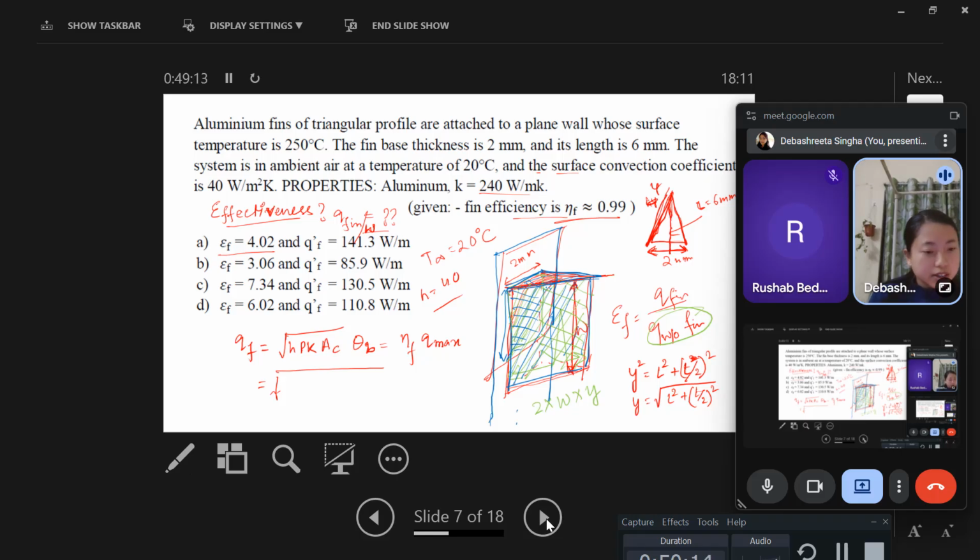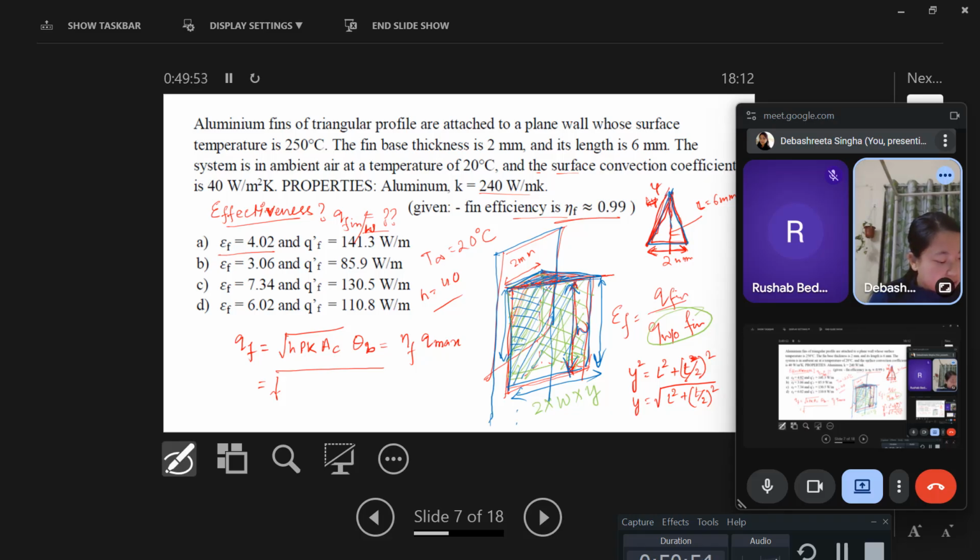All these areas are exposed to the outside fluid, so in actual, all the area should be considered. But here they have taken an assumption that this area is very small compared to this W into Y. So they have considered this. For solving this, we consider this height as W and this as Y. For finding Y, we see the top view of this triangle.